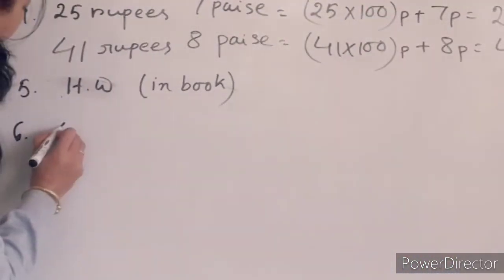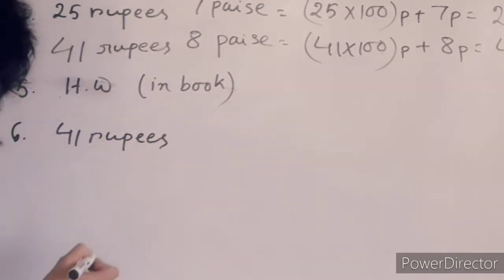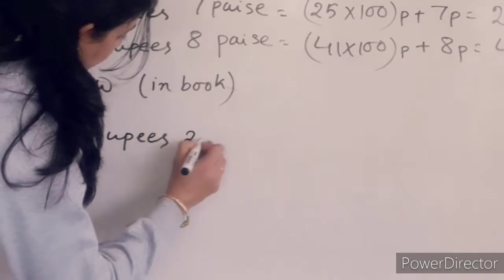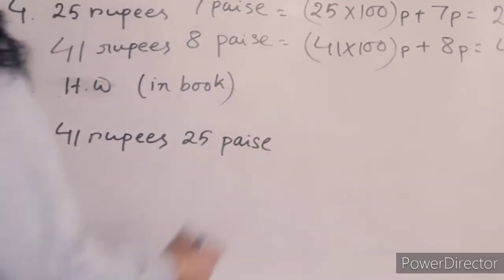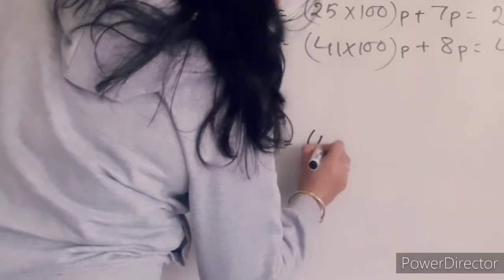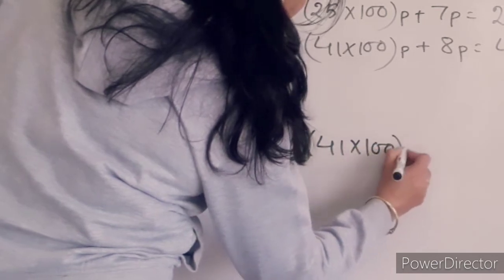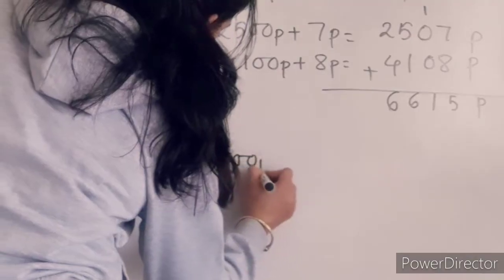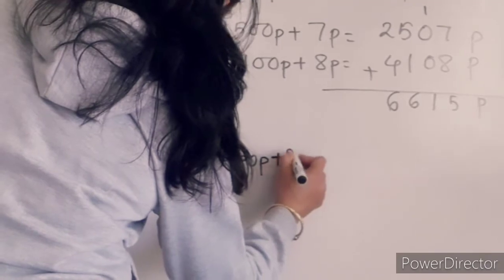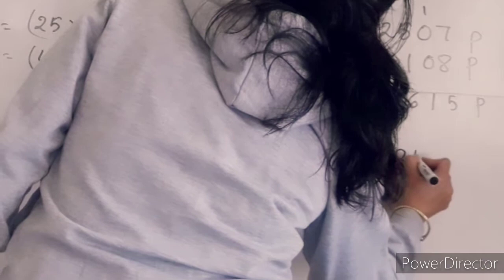First 41 rupees 25 paise equals 41 into 100 paise plus 25 paise, 4100 paise plus 25 paise equals 4125 paise.